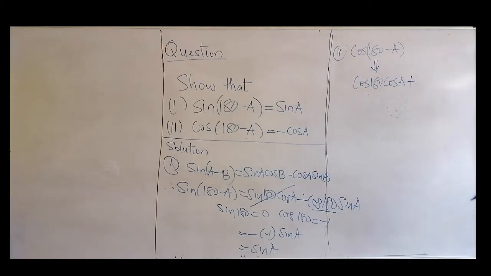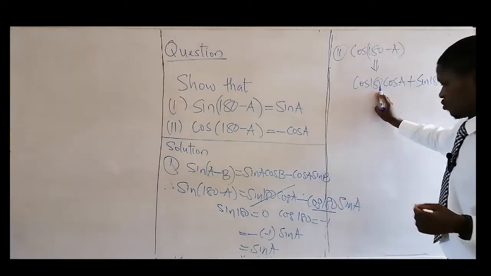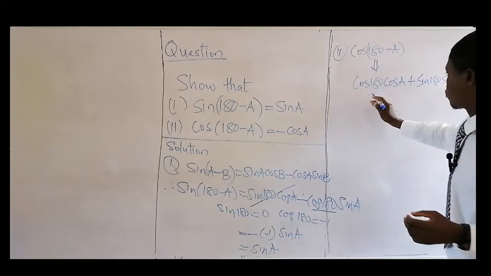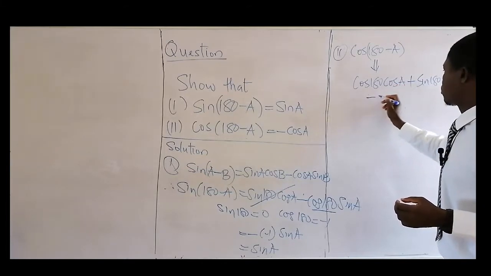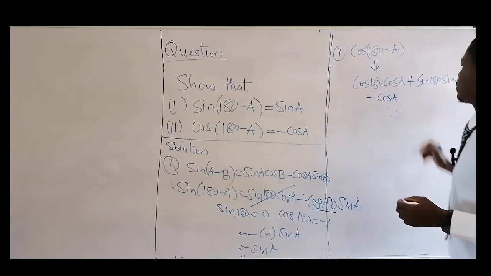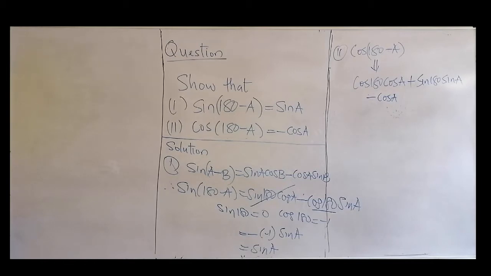That will be plus, and that will be sine 180 sine a. It's always cos, sine. Okay, and then cos 180 is minus 1, so this will be equal to minus cos a. Sine 180 is 0, so it's 0 times this one, that's 0. So this is the answer without wasting time.